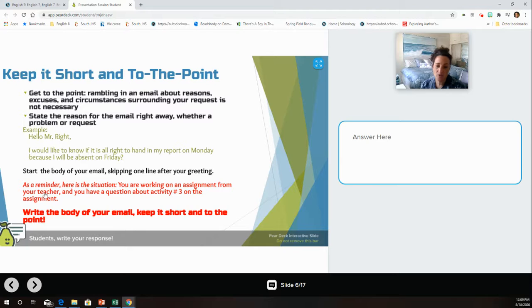So now what you're going to do is, this is a reminder, and it says here is a situation. You're working on an assignment from your teacher, and you have a question about activity number 3 on the assignment. So you're going to write the body of your email, and you're going to keep it short and to the point. So I should already have my dear Miss Olson on there.